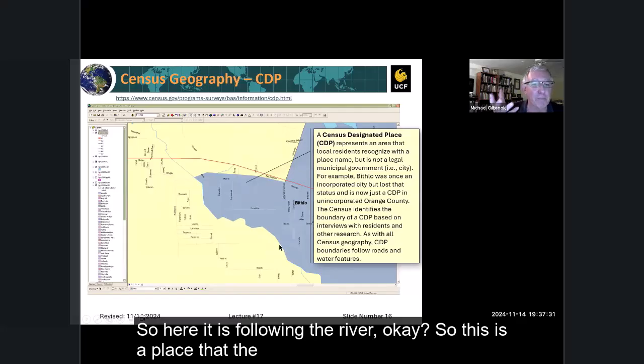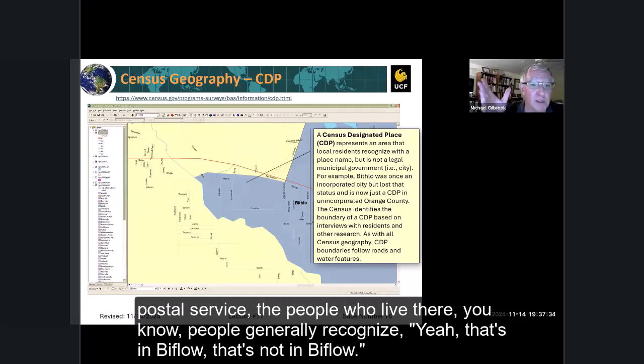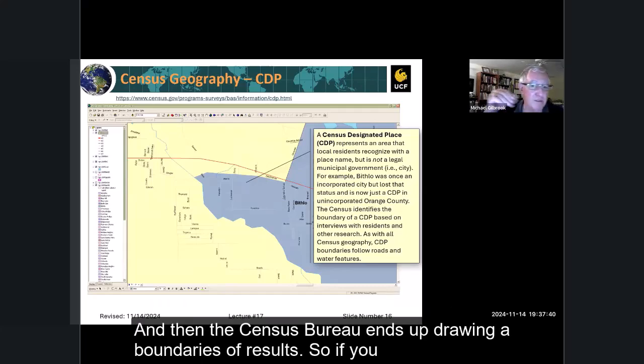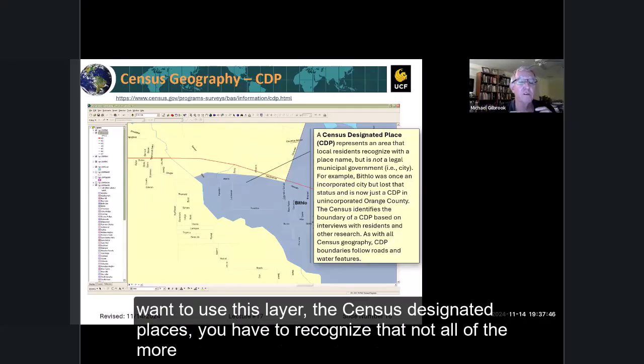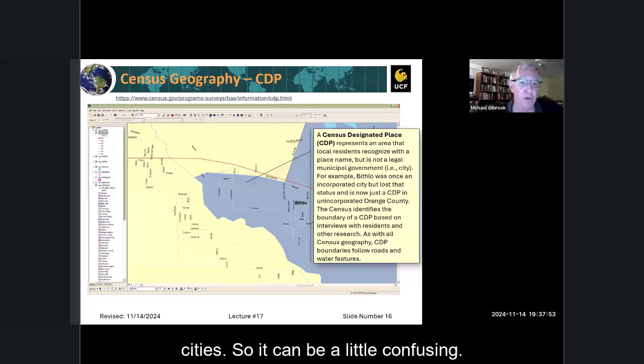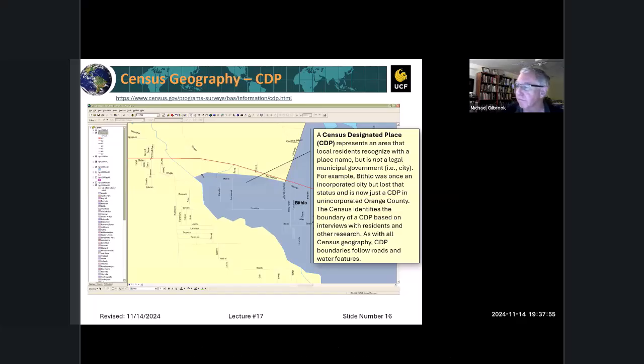So this is a place that the Postal Service, the people who live there, people generally recognize, yeah, that's in Bithlo, that's not in Bithlo. And then the Census Bureau ends up drawing a boundary as a result. So if you want to use this layer, the census designated places, you have to recognize that not all of them are cities. So it can be a little confusing.